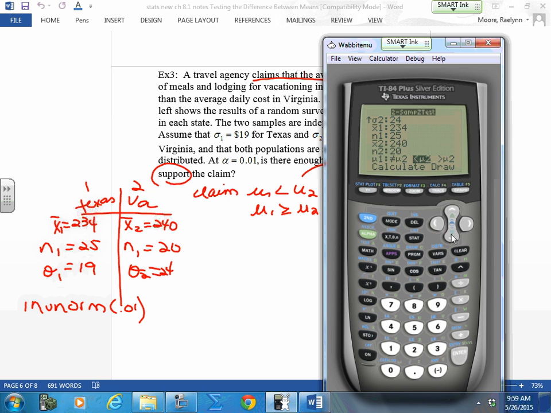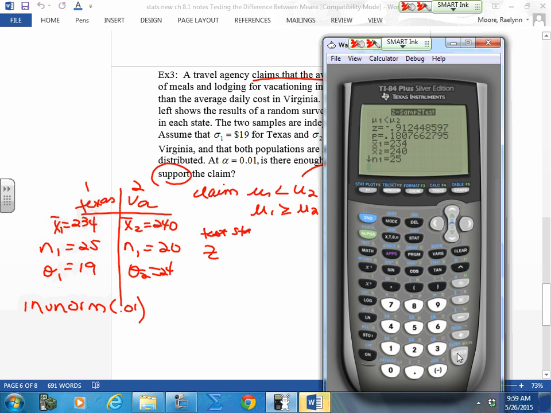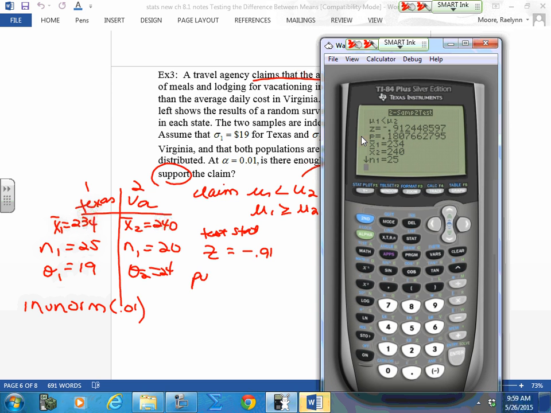Then we're going to calculate. We're going to use your calculator only for this. We get a Z-score. This is your test statistic of negative 0.91. Z-scores have 2 decimals. This P, that's your P-val. So we get a P-val, and we get a Z-score for this. We bypass all those formulas.